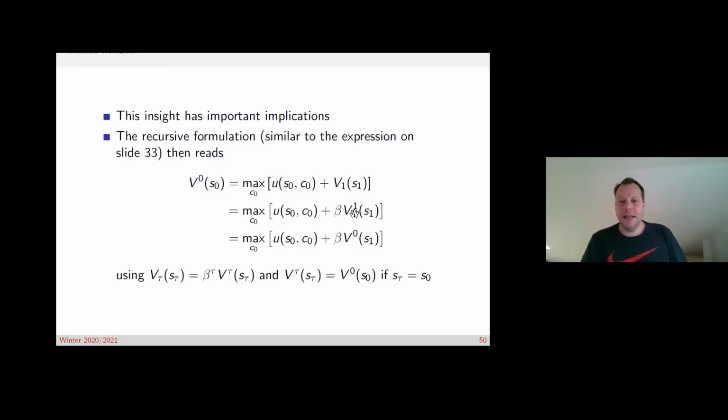So basically, this was the definition, okay? And from the second line to the third line, this was the assumption or the claim that the problem won't change if you go through time and keep the state constant.